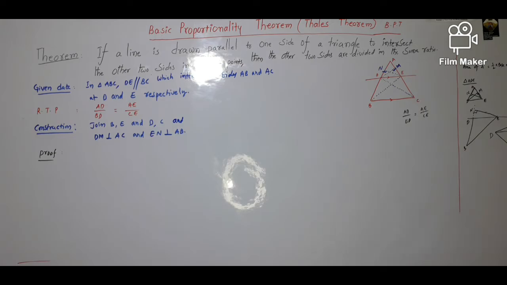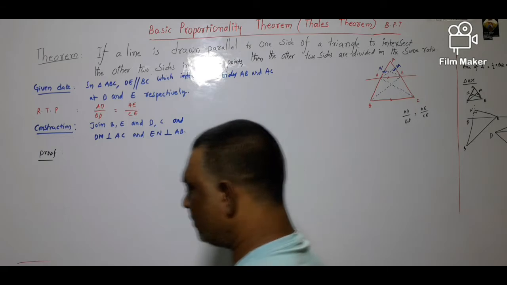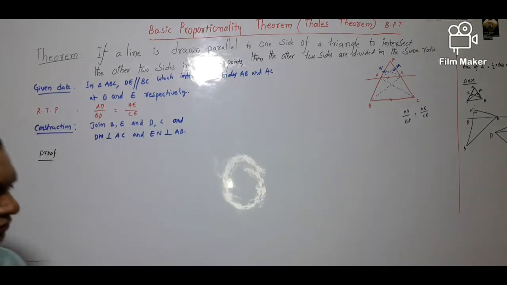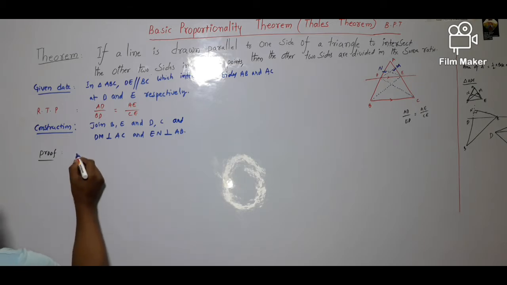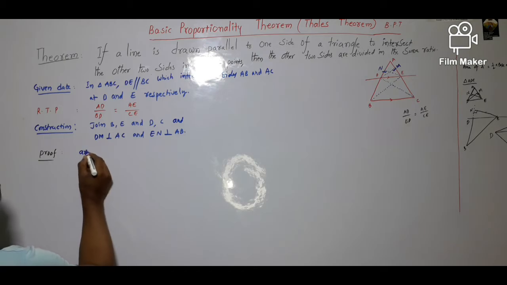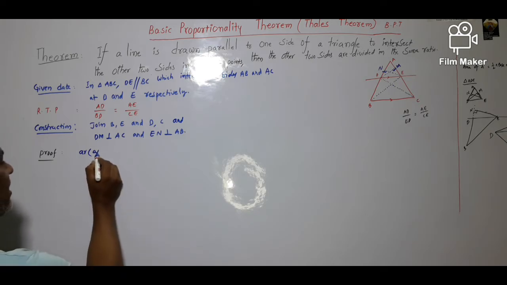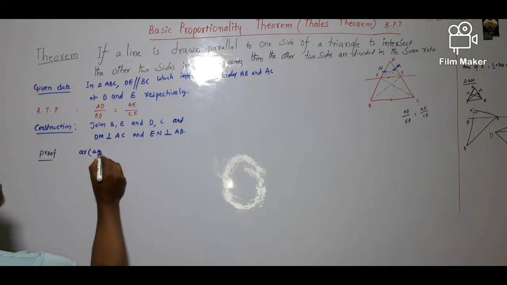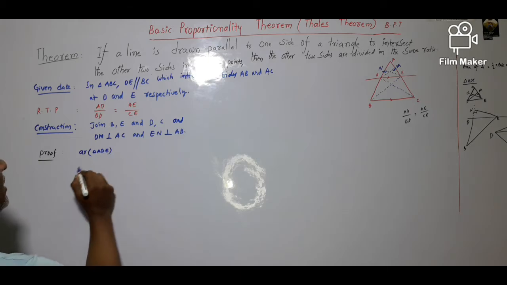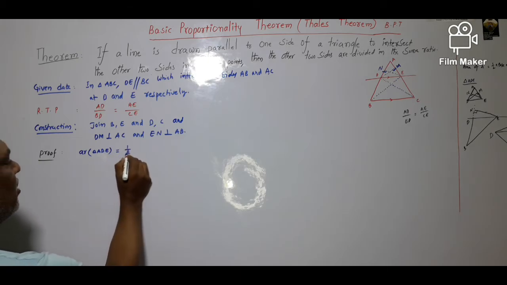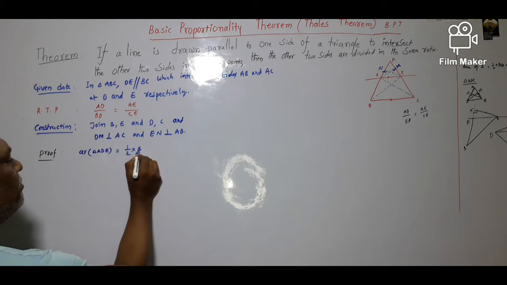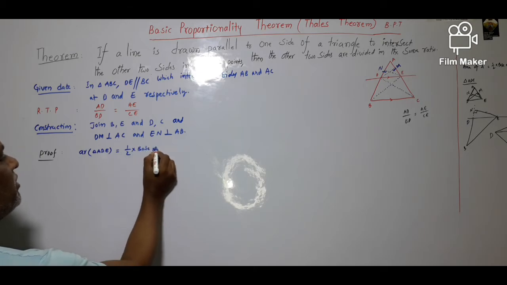Now, area of triangle ADE is equal to half into base into height.